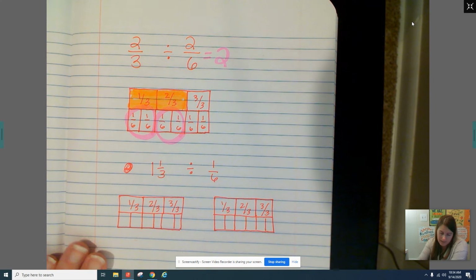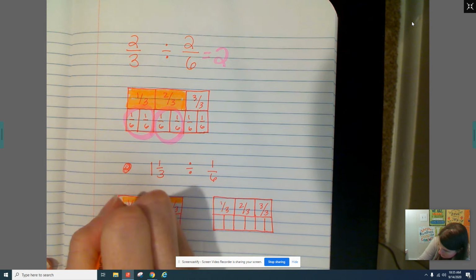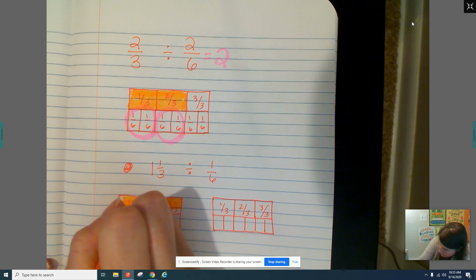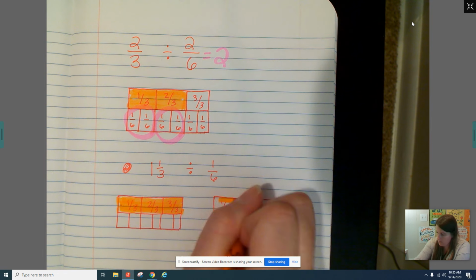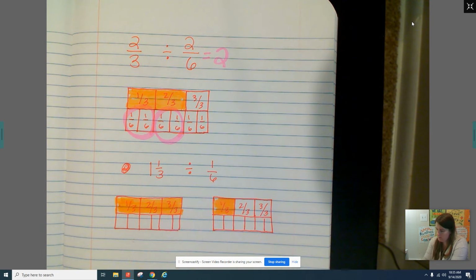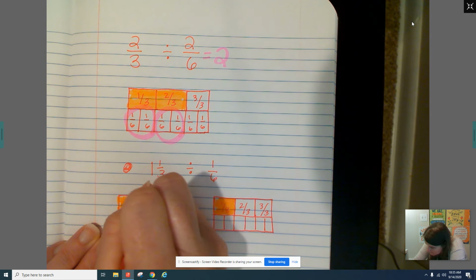Now, if I wanted to shade 1 1/3, I would shade the entire first box. And how much of the second box? 1/3. So every one of these represents 1/6.